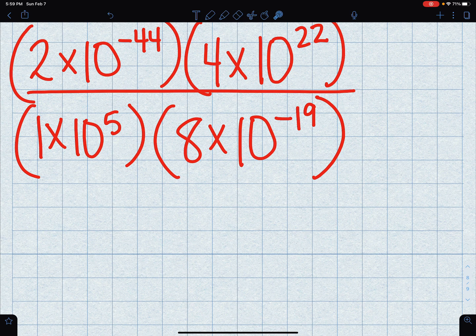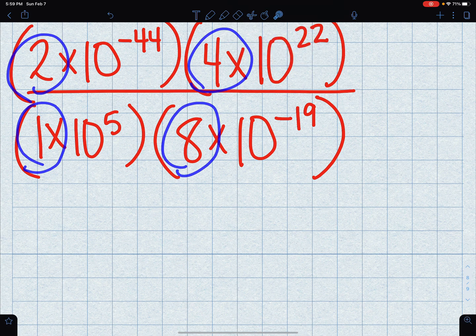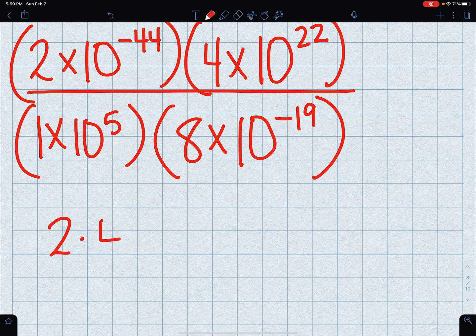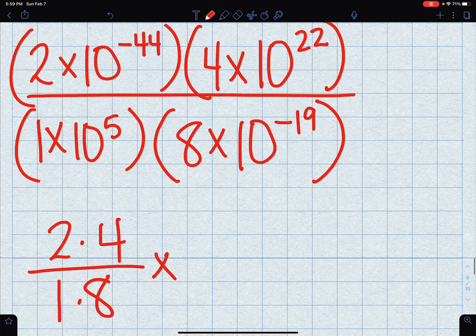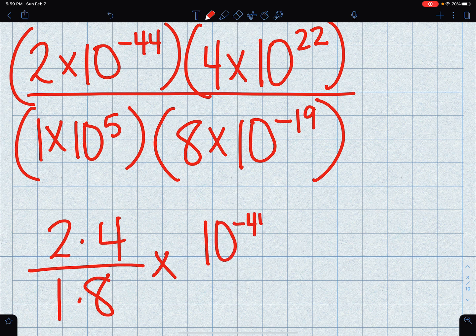Let's pull out all these base numbers, the 4, the 2, the 1, the 8. So that's 2 times 4 on top, 1 times 8 on bottom. Check it out, another 1. That's going to be equal to 1. But we'll leave it at that for now. So on the top, now let's pull out the tens. We've got 10 to the minus 44.